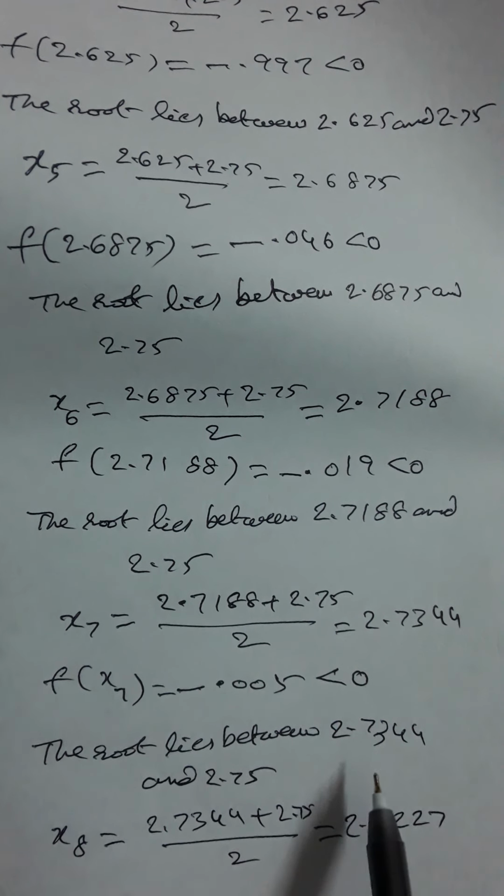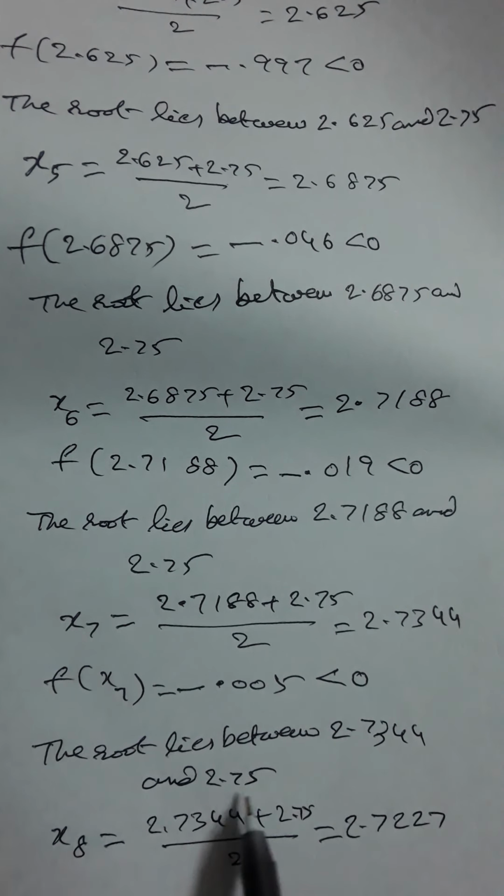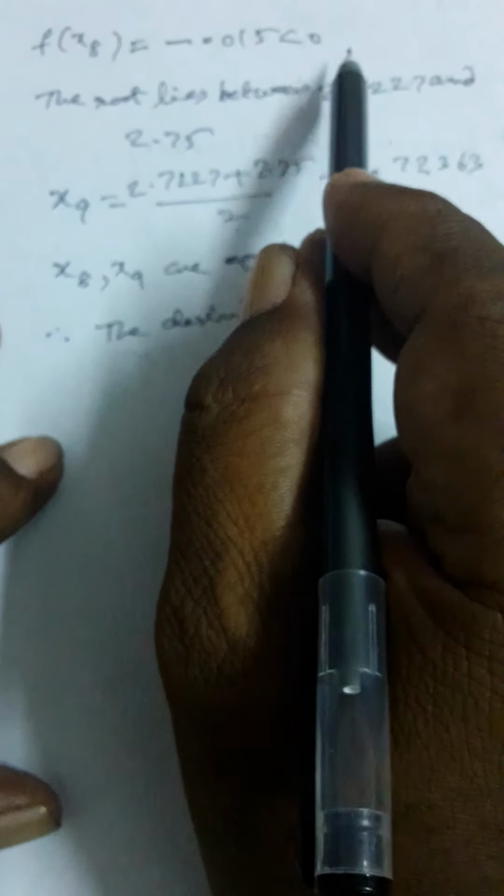So the root lies between 2.7344 and 2.75. x8, the average of those two values, 2.7227. f of x8 is equal to minus 0.015, less than 0.